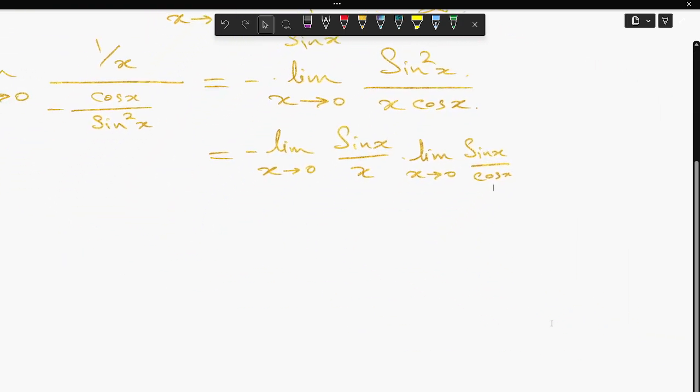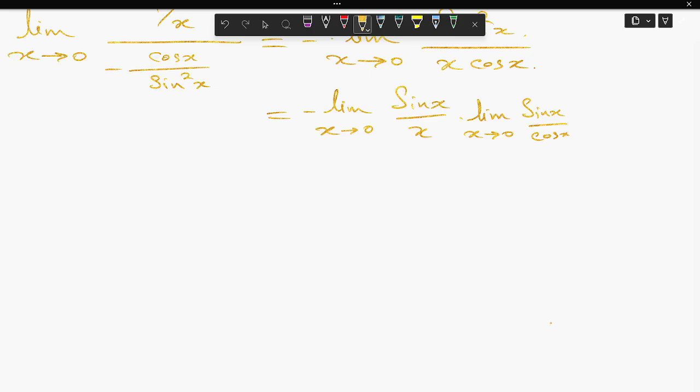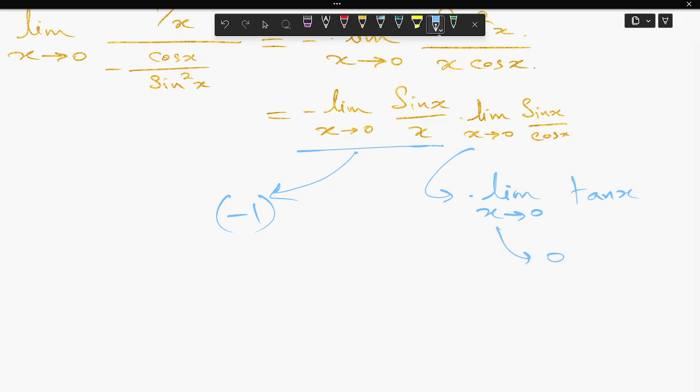Now this limit is very well known to all. Limit x tends to 0 of sin x upon x is 1, and minus is here, so we got minus 1 from this. And this is limit x tends to 0 of tan x, and we all know that tan of 0 is 0, so that limit will be 0.